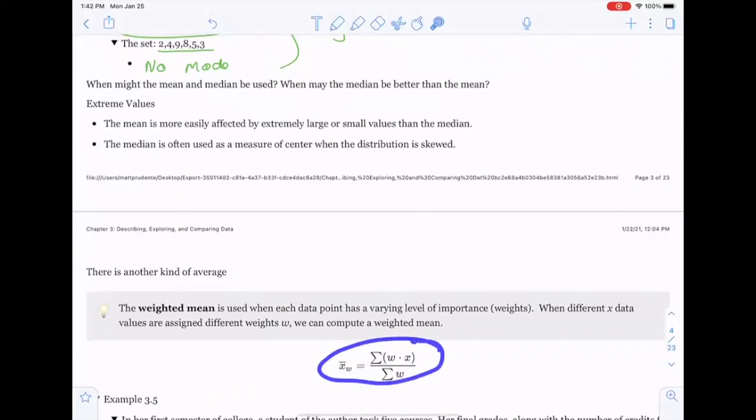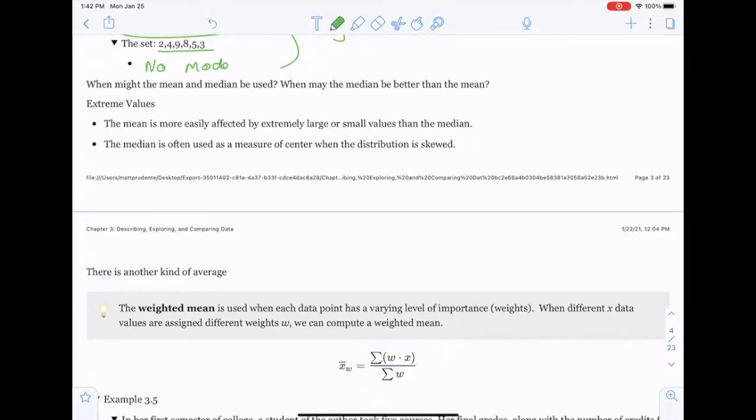This is going to be X bar sub W, and all we need to take away is that it's the sum of the product of our weights and their data points, divided by the sum of the weights. This helps put an importance factor on specific data points.